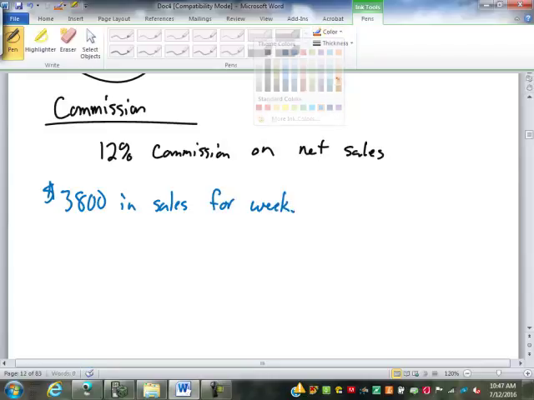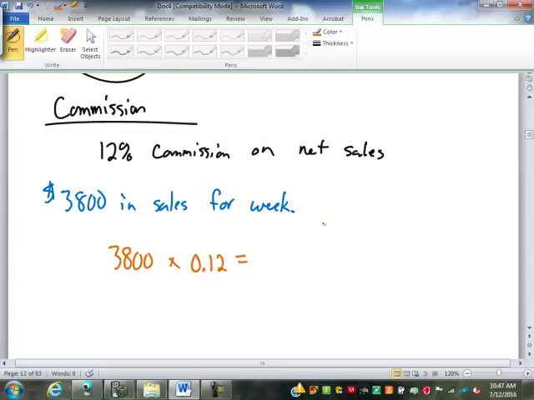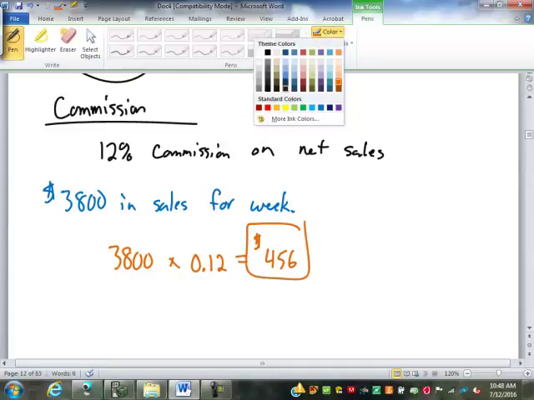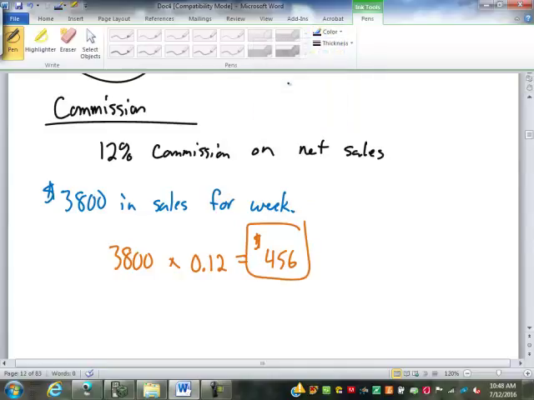Well, your commission is going to be the $3,800 times what? 12%, which is 0.12, which is what? 456? Is that right? $456. So that's your commission.